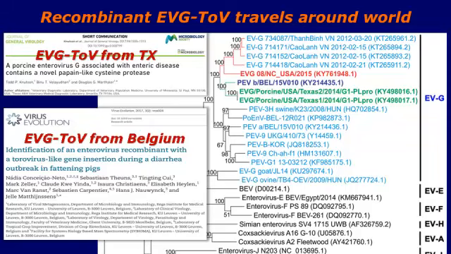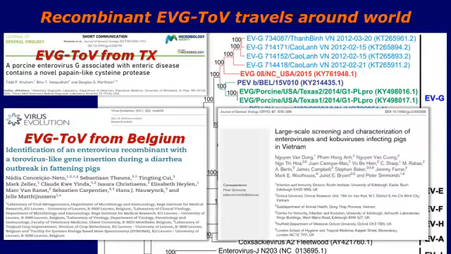Interestingly, this group of viruses is closely related to a group of viruses found in Vietnam. As you can see, these EV-G viruses were found in Vietnamese swine herds, but they do not contain the PLP gene insertion.